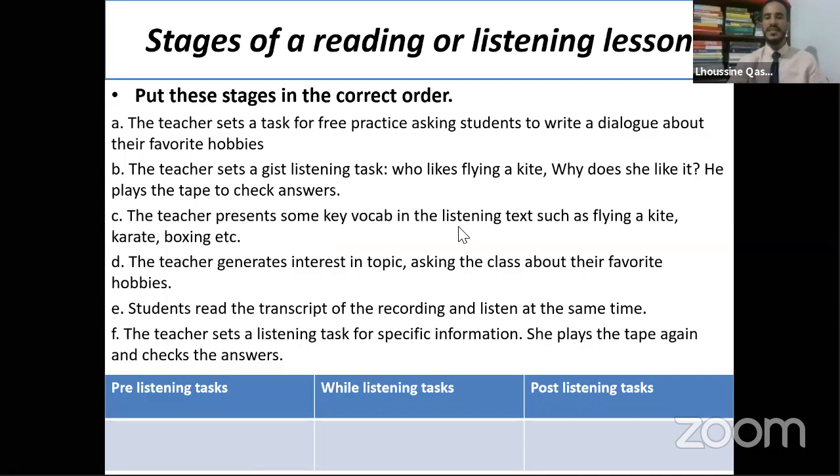Stages of a reading or listening lesson, because both are receptive skills. Now, I want you to put these stages into the correct order: pre-listening task, while-listening task, post-listening task. Can we do it all together? I want a volunteer here on Zoom to read the first statement.